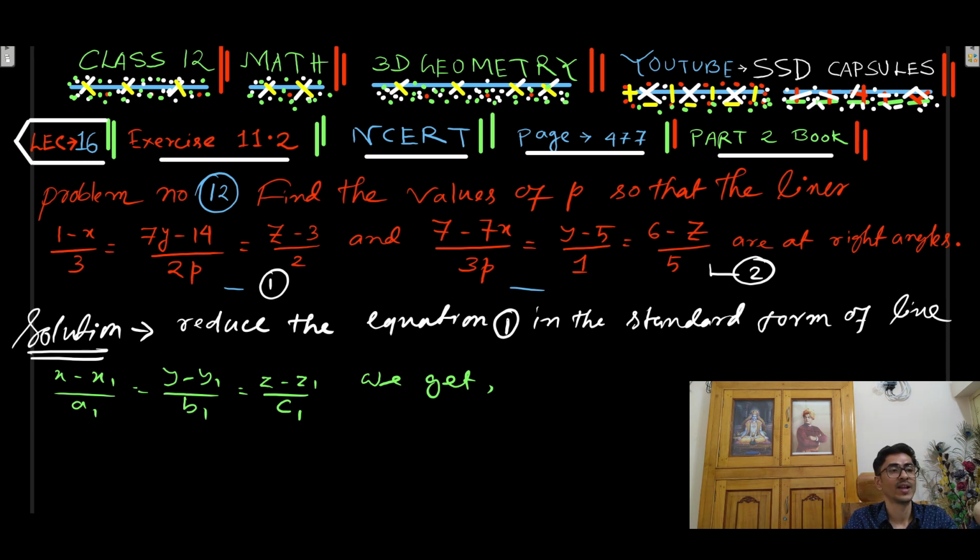This is the equation of a line in Cartesian form passing through a given point x1, y1, z1 and parallel to a given line whose direction ratios are a1, b1, c1. We have studied this in earlier lectures.